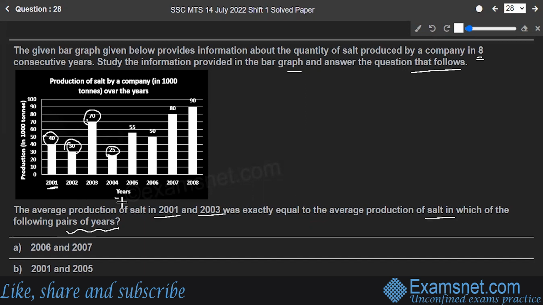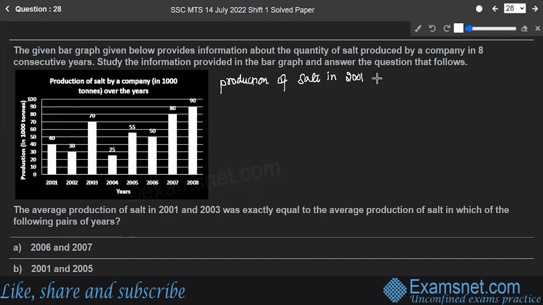To answer the question, the very first thing that you have to do is let's calculate the production of salt in 2001 and 2003. That is equal to 40 plus 70, which is equal to 110. See, it's in the multiples of 1000, so I'll multiply it with 1000 over here.